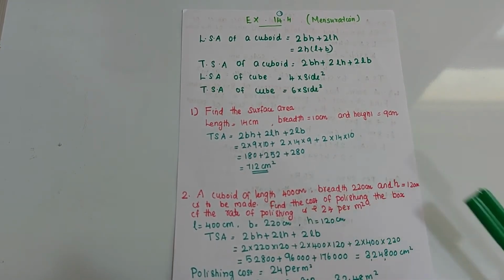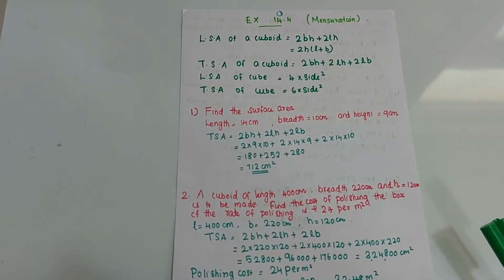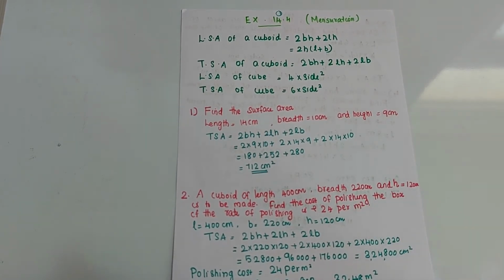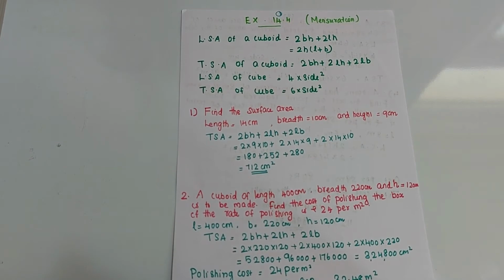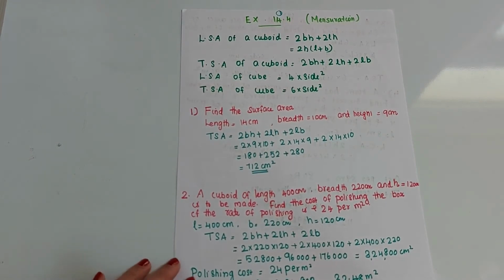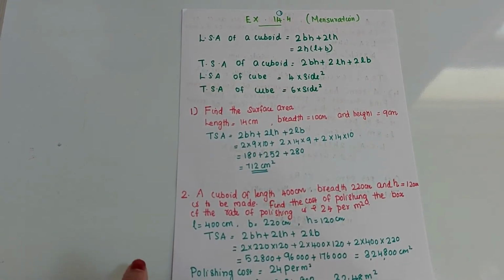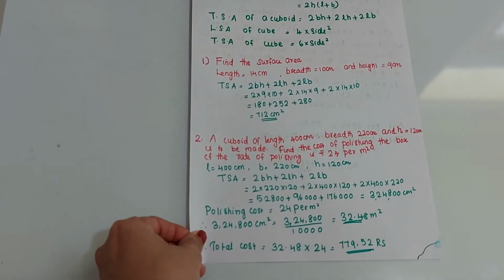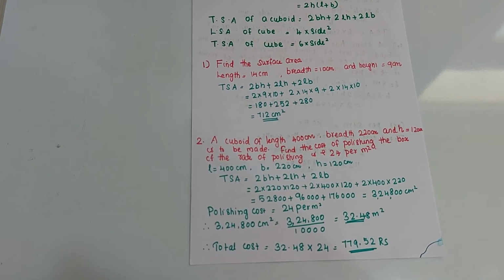But here the rate of polishing is given as 24 per meter square. Our TSA is in centimeter square, so you have to change the TSA into meter square. How will you change it?